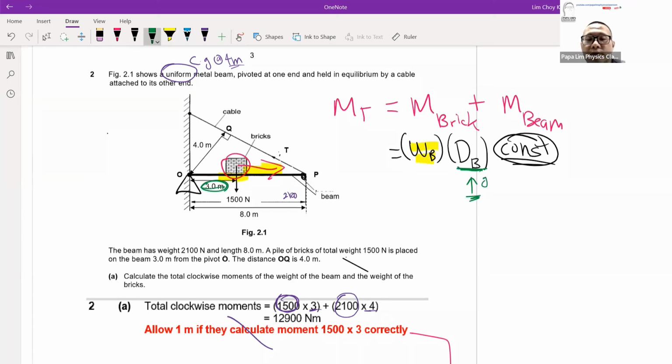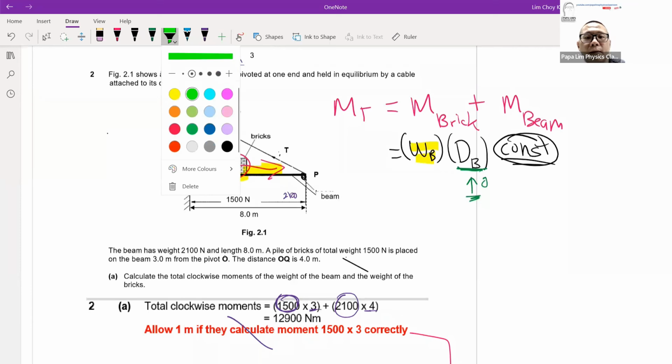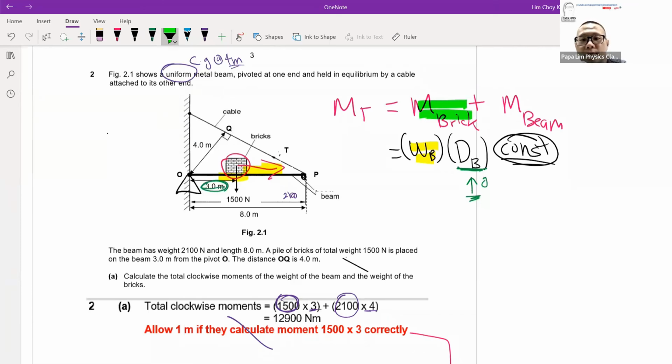And because my perpendicular distance increases, my moment due to the brick, this number here, will actually be increasing. So although the brick remains the same size, same weight, the moment due to the brick is increasing because the perpendicular distance is increasing.